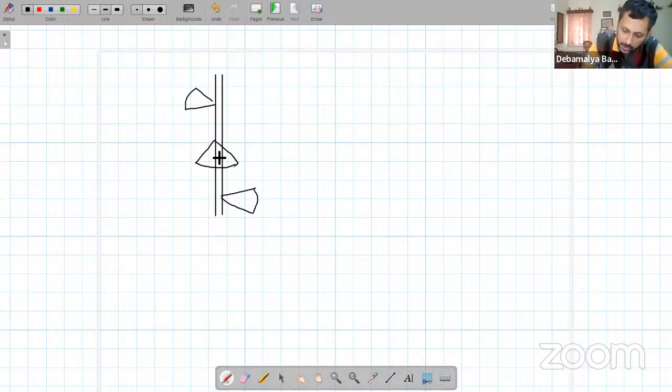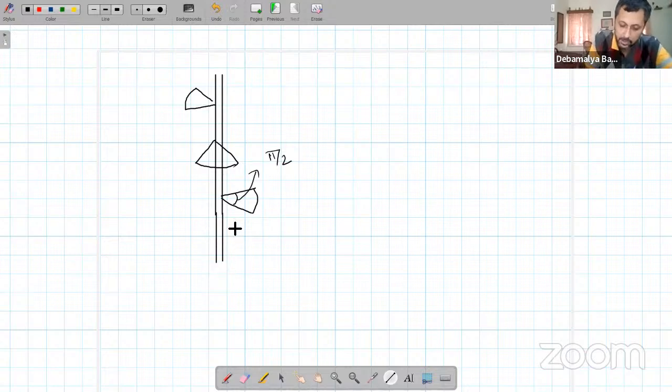Each has a span of angle pi by 2, and they are complementary to each other. What I mean by complementary is that together they make the 2 pi angle.